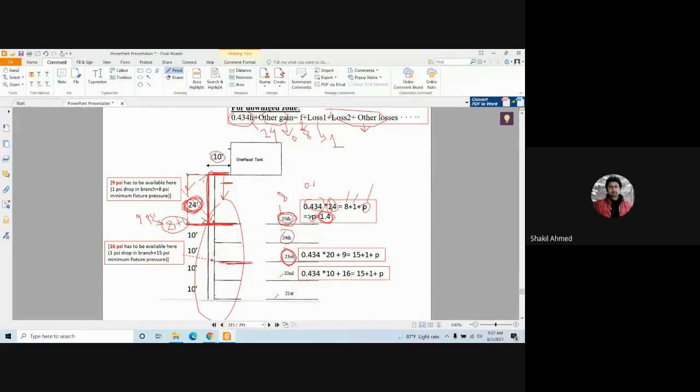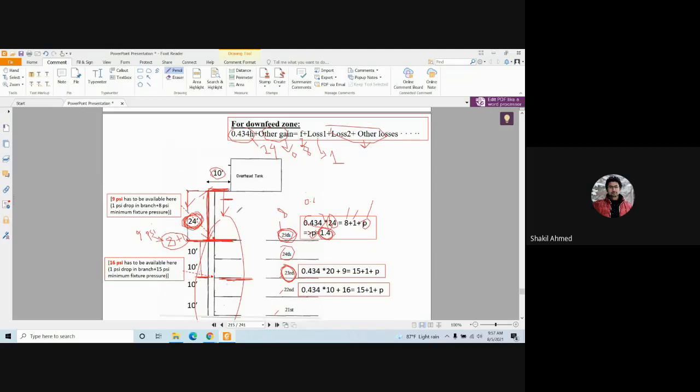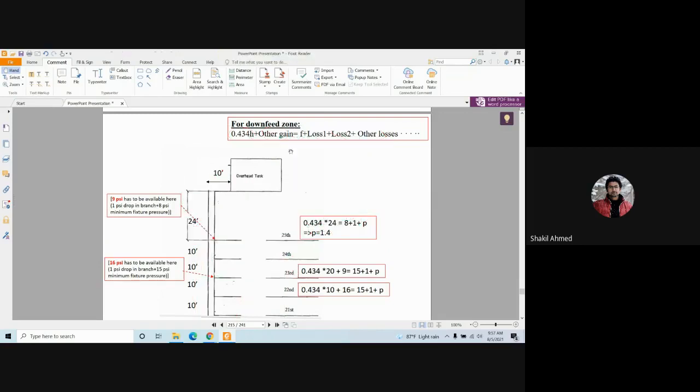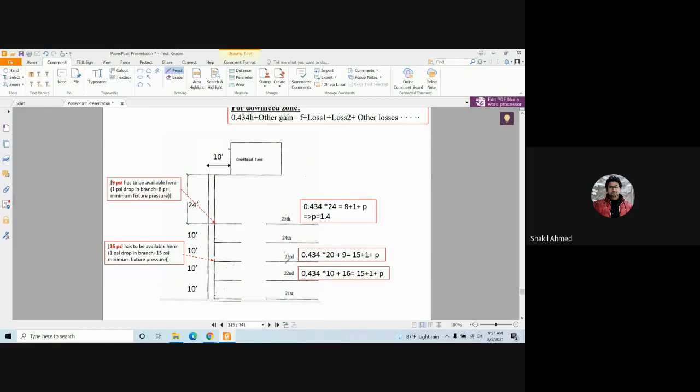If you go to 23rd floor here, what would be your gain? Look at this. Your target is here. You can start from overhead water tank, or you can start from here.